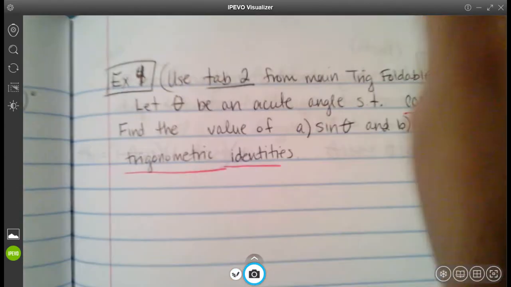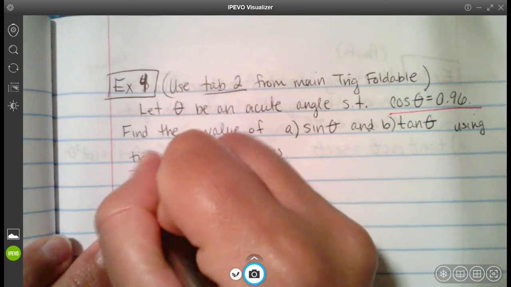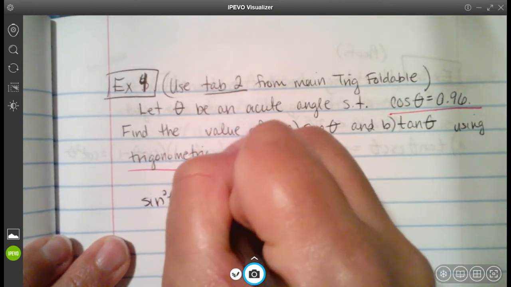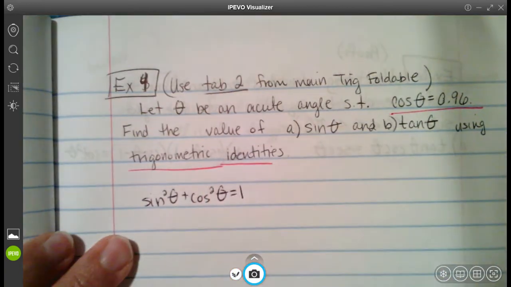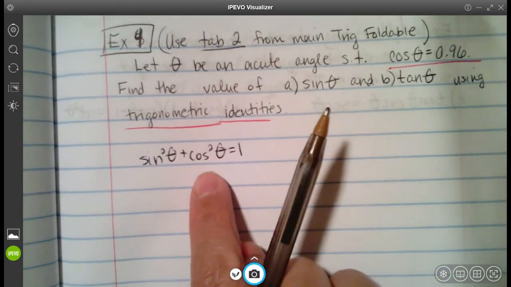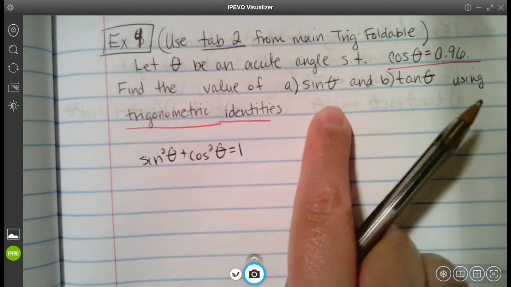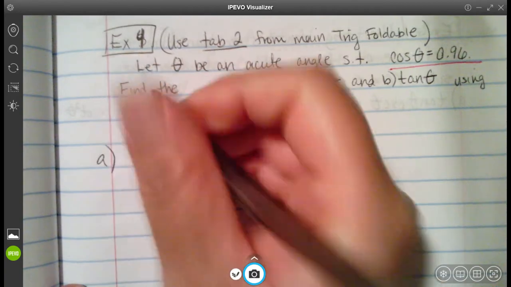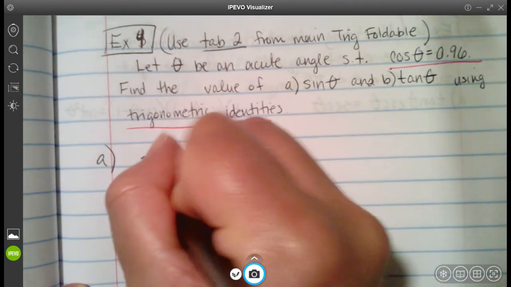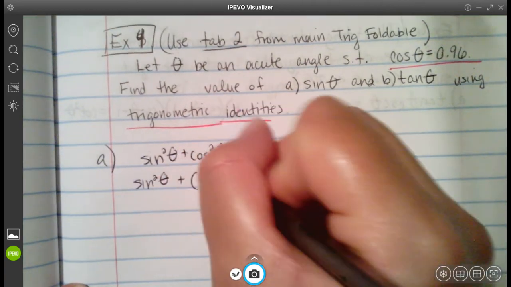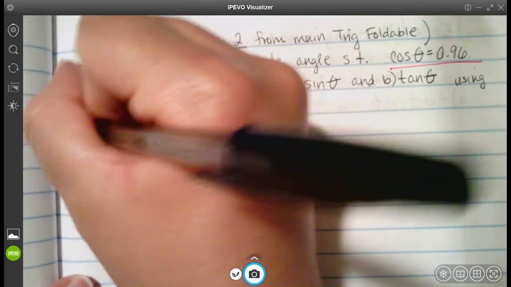So let me go ahead and write it out. We're going to use sine square of theta plus cosine square of theta is equal to 1. Just to see if we can figure out what sine is, because if we can solve this to get sine, I'll have the first answer. Okay, so this is for letter A. Well, I don't know what sine squared theta is. That one I'm just going to bring it down. But this one, remember, this is the same, so make a note here.